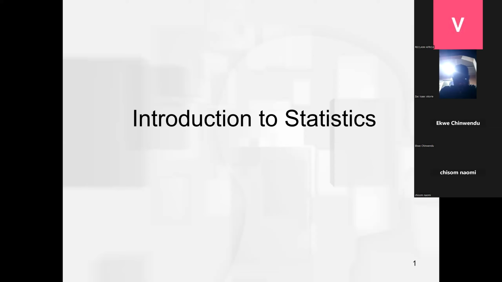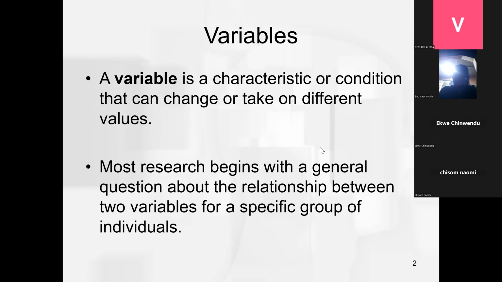We started by looking at some basic terms or terminologies in statistics. And the first of them is the word variable. I told you that this is a word you are going to be coming across from time to time as you study statistics, because essentially, statistics is all about discussing variables.